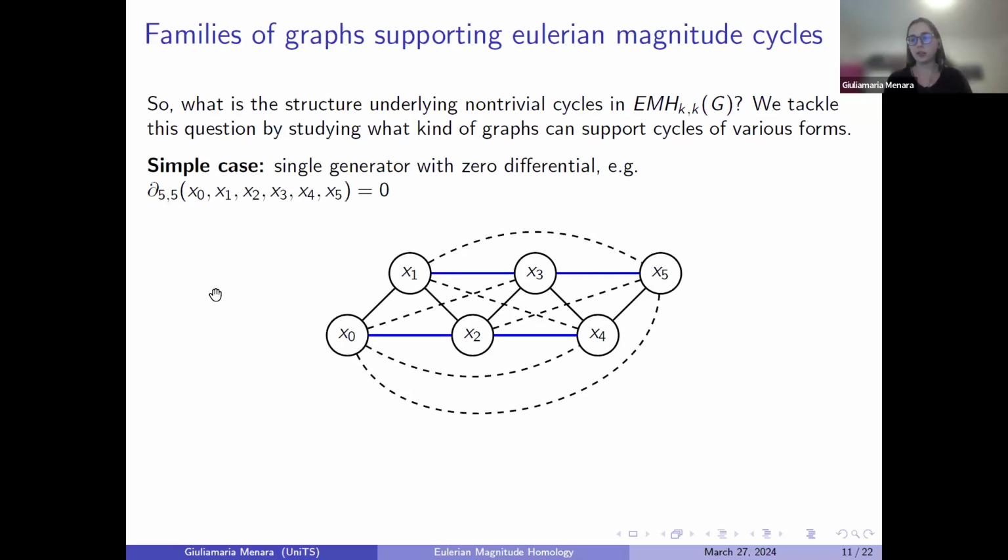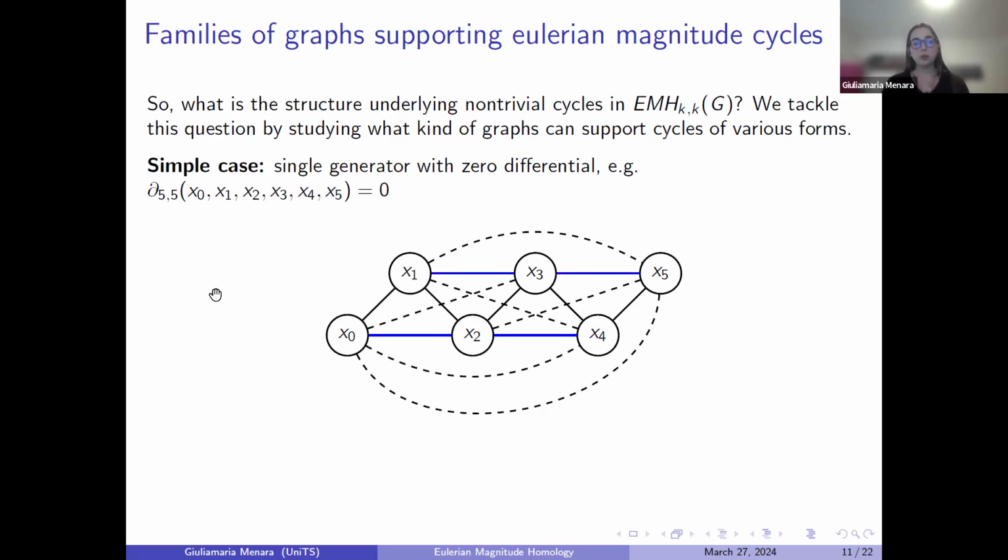Then the other edges may or may not be there. I mean, they don't really come into the picture of homology computation. Okay, and this was the easy case when we have only one generator.